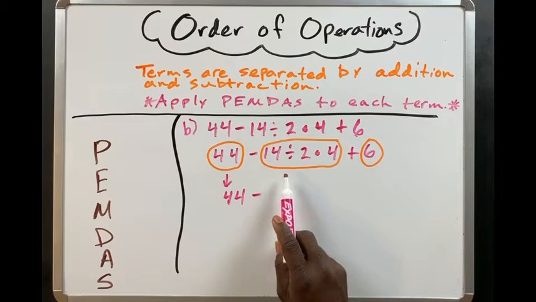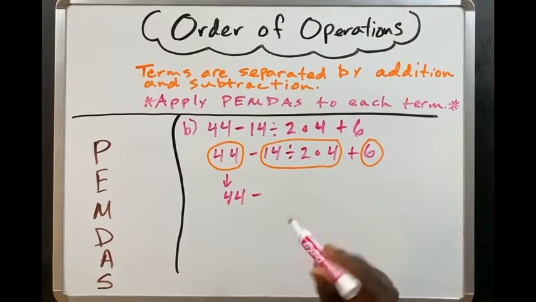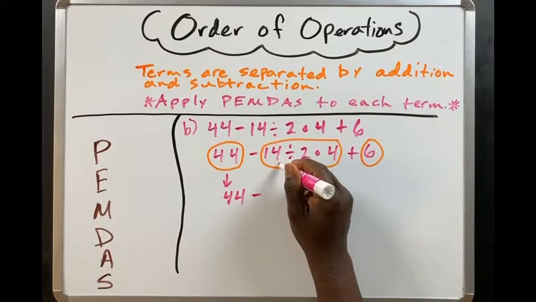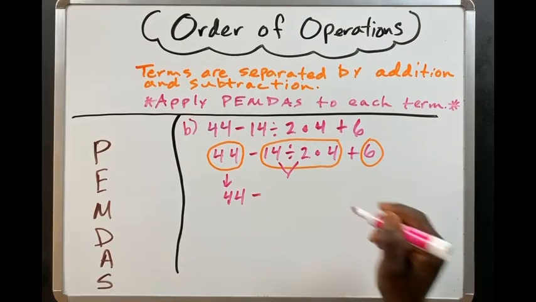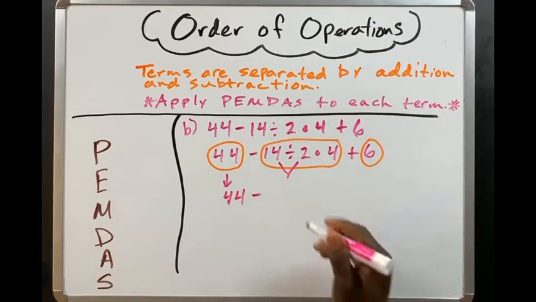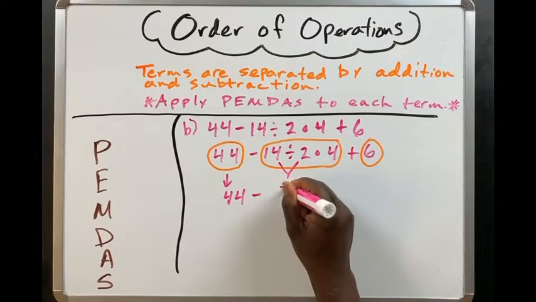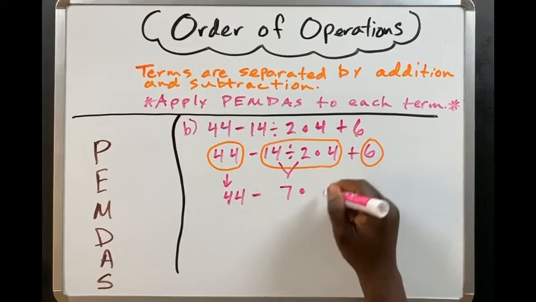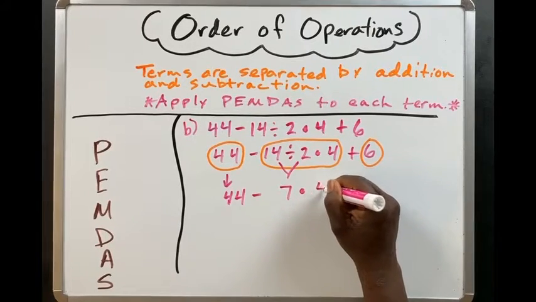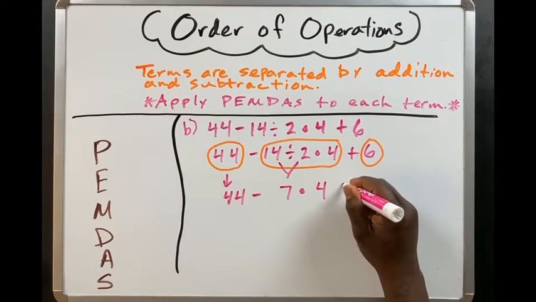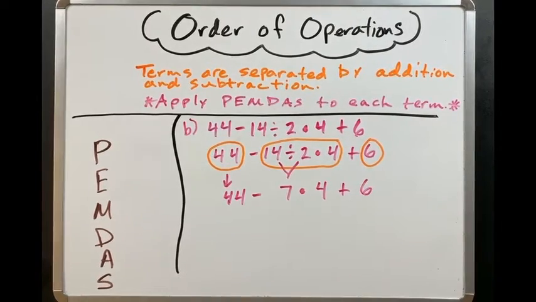In this case, it's 14 divided by 2. If it were multiplication first, you would do that first. But this is only in the case where you have division and multiplication next to each other. So in that case, 14 divided by 2 gives us 7. Bring down the times and the 4. Okay? Then bring down plus 6.